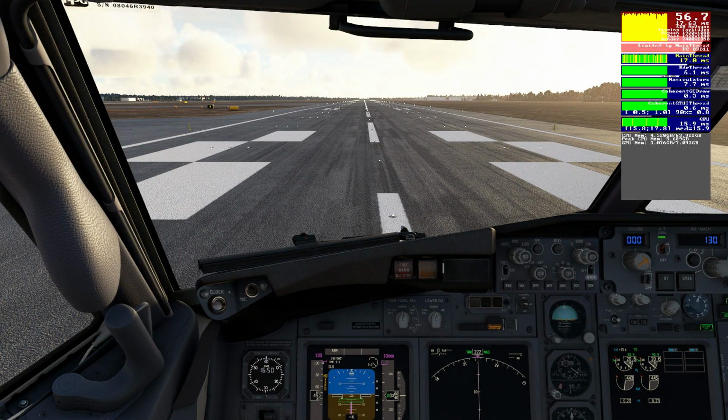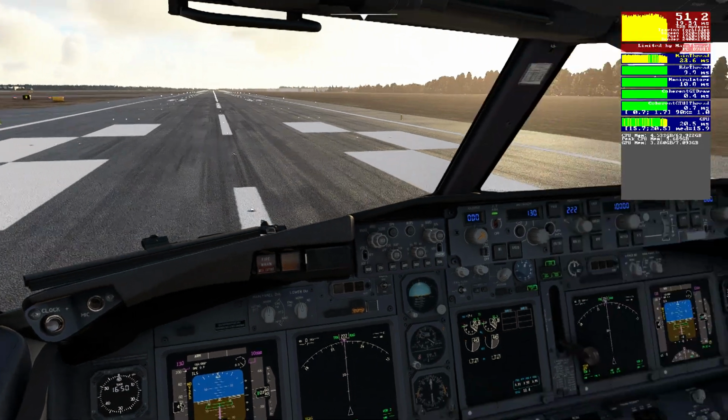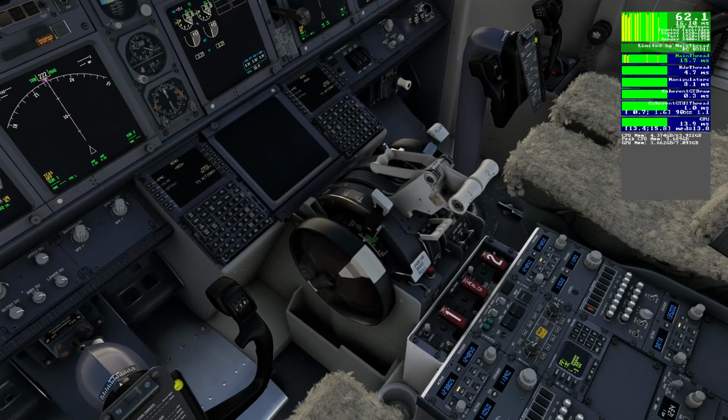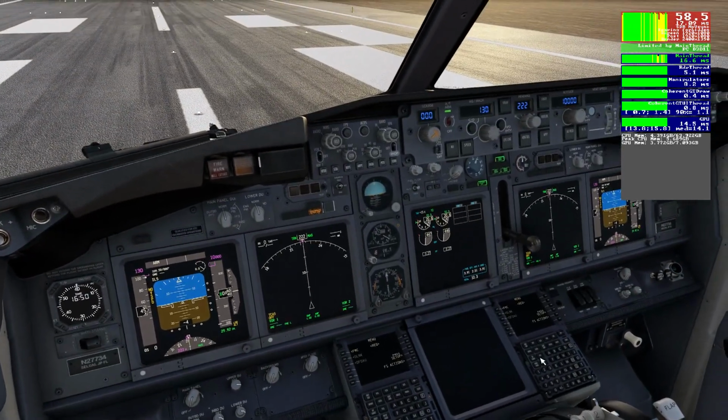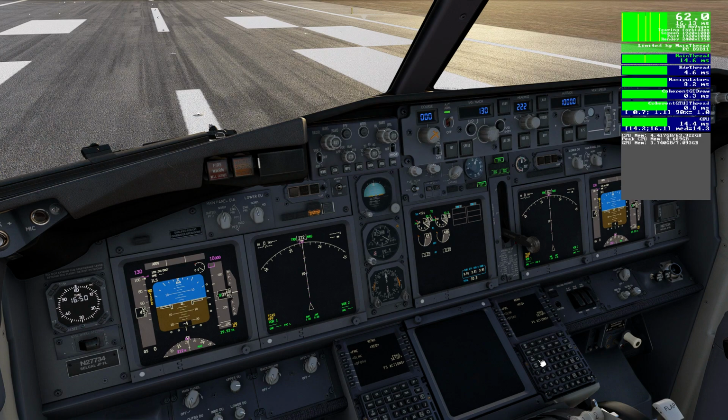Okay, so all I'm going to do here is a basic takeoff. We're not going to do anything fancy here. I am going to just dial in 109.5, which is going to be Heathrow. It's all going to be manual flying today, hopefully. I've not flown in Microsoft Flight Simulator for a long time, so this could go badly wrong, but hopefully it does not.